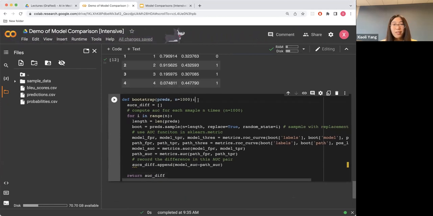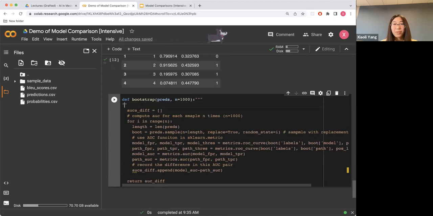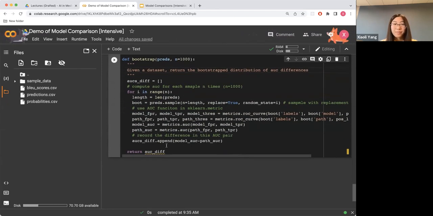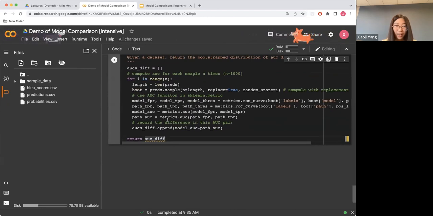So for this function, we are basically doing: given a data set, return the bootstrap distribution of AUC difference. This is what our function is doing. Okay. So as a final step, AUC diff.